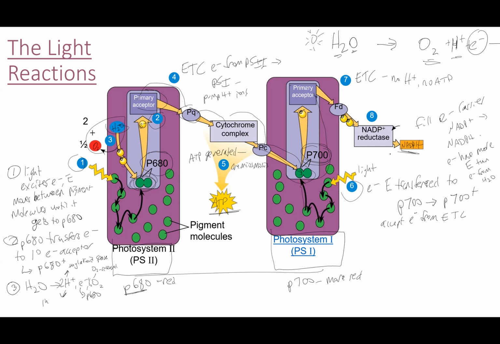So in the light reactions, what are we making? We're making ATP. So this is what we're getting out of it. And we're just going to pretend that we make the exact number that we need for the next thing. So there's 9 of them.